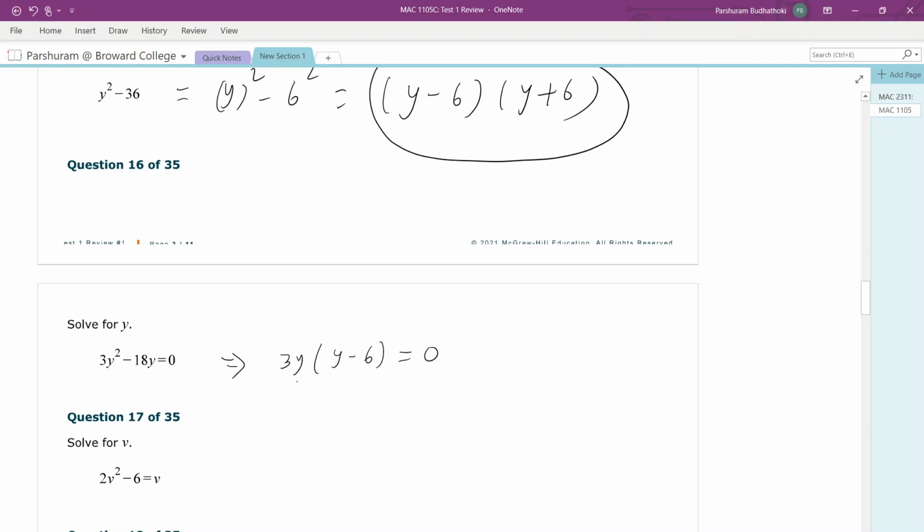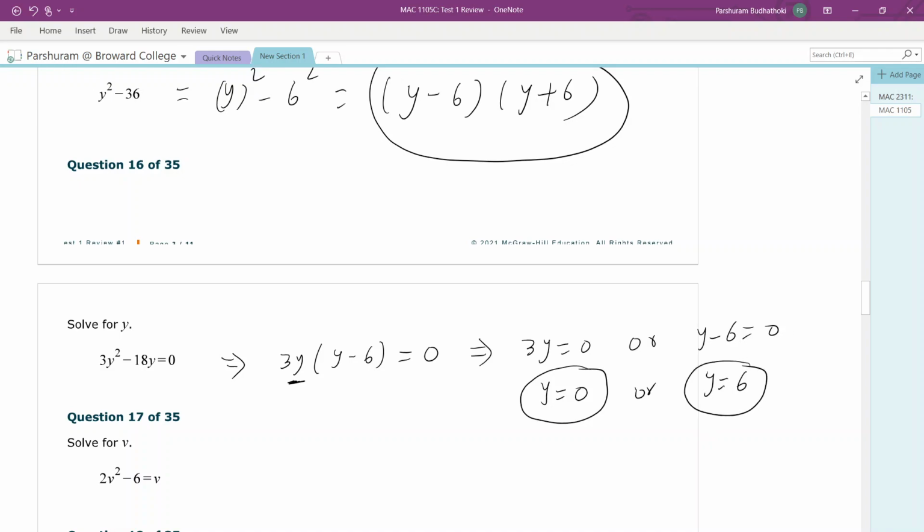That means either 3y equals 0, or y minus 6 equals 0. If I solve the first one, it gives me y equals 0. And if I solve the second one by adding 6 to both sides, it gives me y equals 6. So these are the two possible solutions for problem 16: either y equals 0 or y equals 6.